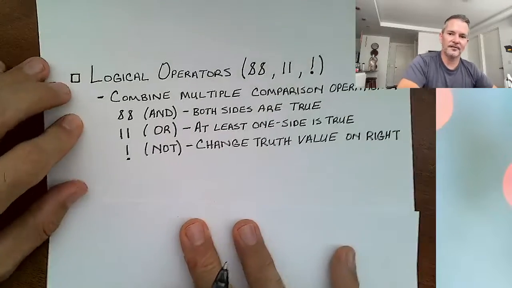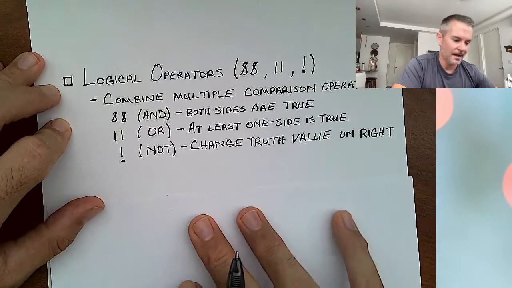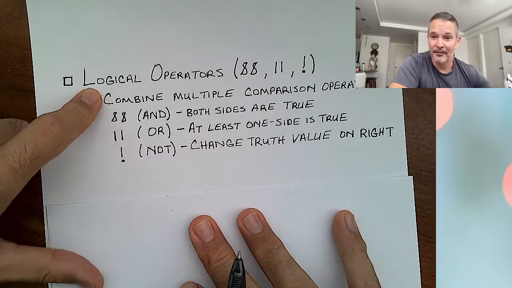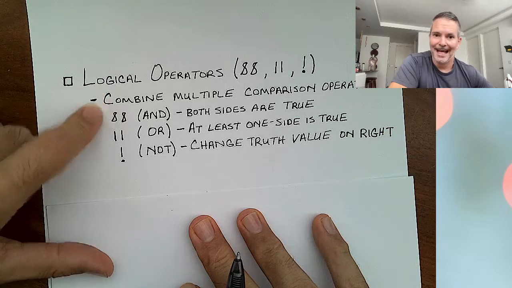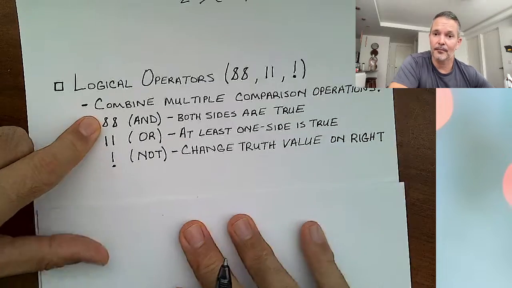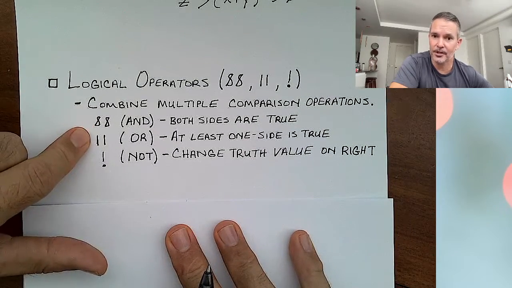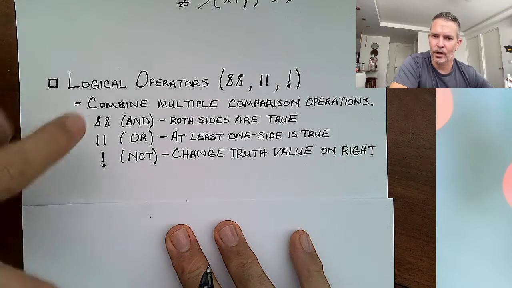All right, let's look at the final kind of operator. I'm pretty sure you've probably never seen or heard of these. These are called logical operators, and they allow us to combine multiple comparison operations, and here's how they work.